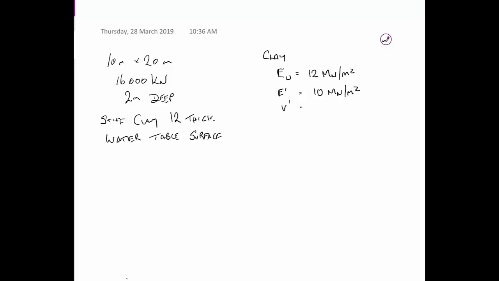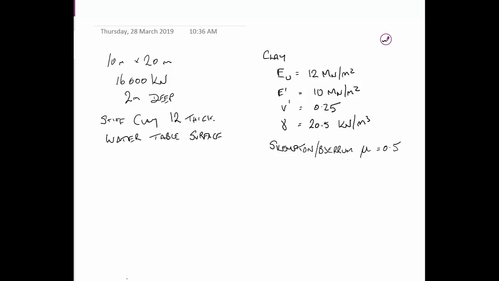Effective Poisson's ratio equals 0.25, and gamma, the bulk density or unit weight, is 20.5 kilonewtons per cubic metre. We've also been given this other thing called Skempton's mu value, which equals 0.5, and we'll deal with that right at the end.